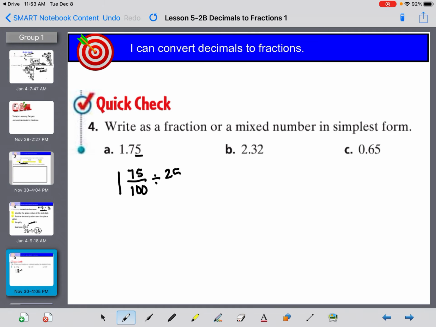I know that 75 and 100 are both divisible by 25. It always makes me think of quarters. 75 cents and 100 or $1. That's where I get my math on that. So 75 divided by 25 is 3, and 100 divided by 25 is 4, and then that whole number stays out in front. And so 1 3/4.